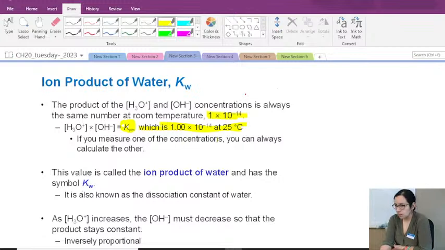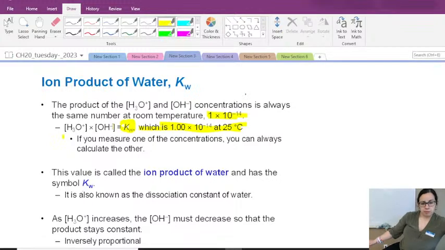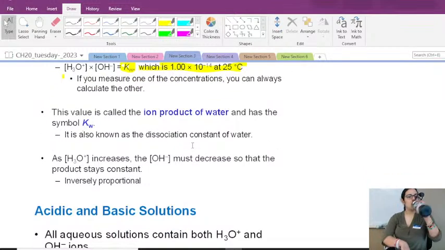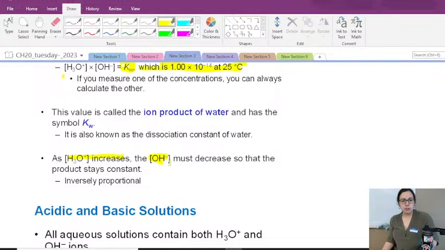So if we know hydronium, we can figure out the hydroxide concentration, or vice versa. They're inversely proportional, so if one increases, the other must decrease.